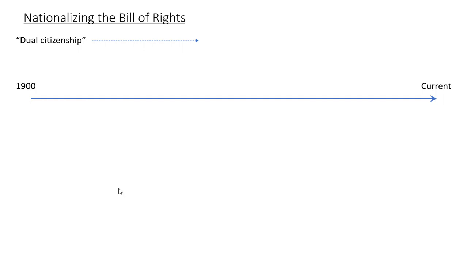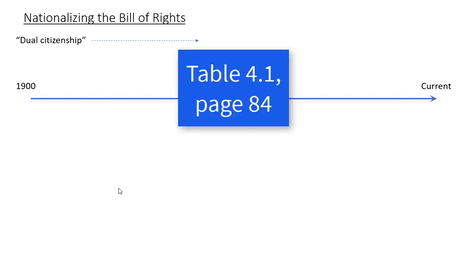Now, what we'll go through here is a case-by-case progression of how the Bill of Rights were nationalized by requiring the states to comply on a case-by-case basis. And these cases that I'm going to be talking about, pretty much all of them are also in the book in Chapter 4, Table 4.1 on page 84. So let's go through some of these.